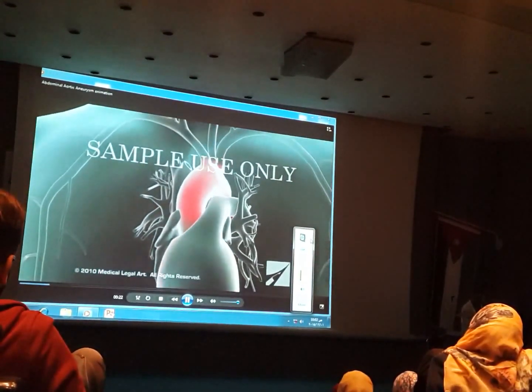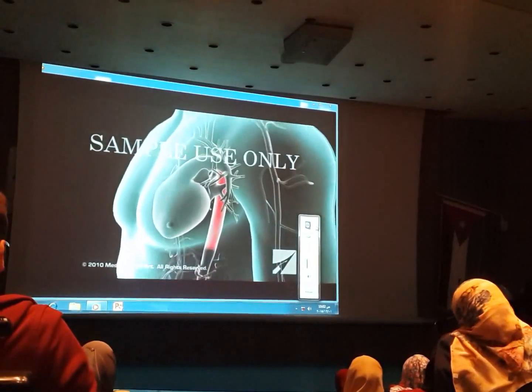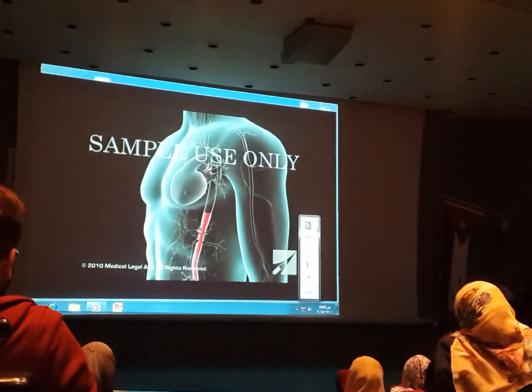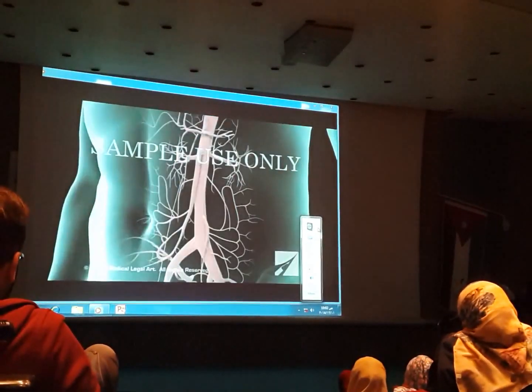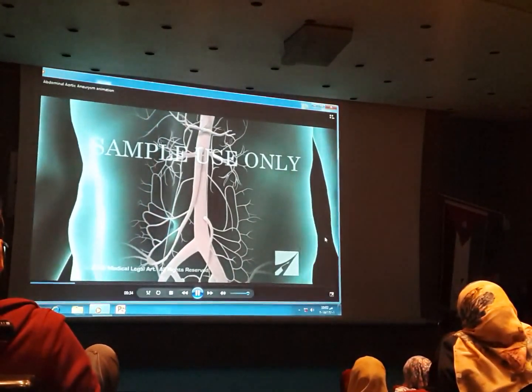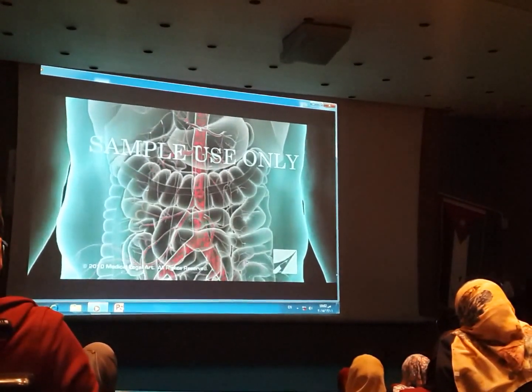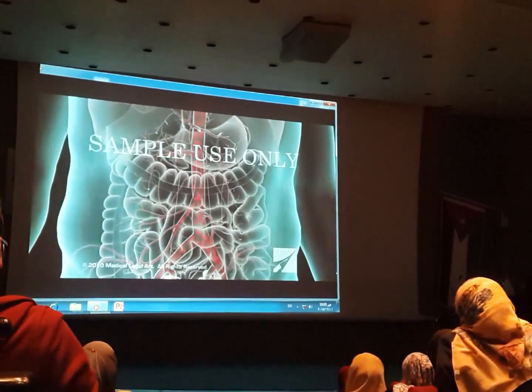The aorta is divided into 4 parts: the ascending aorta, aortic arch, thoracic aorta, and the abdominal aorta. The abdominal aorta is the last and largest section of the aorta. It supplies blood to the lower regions of your body, including the organs in the abdomen and pelvis.